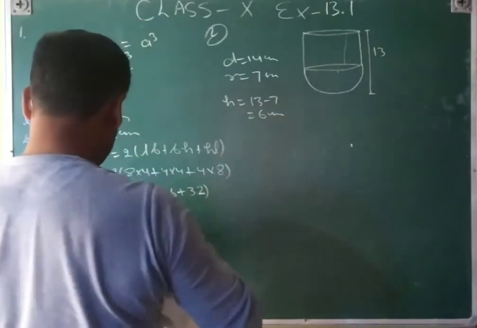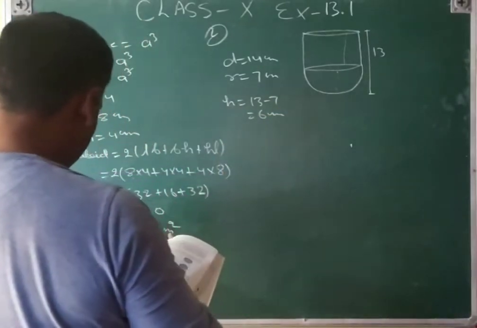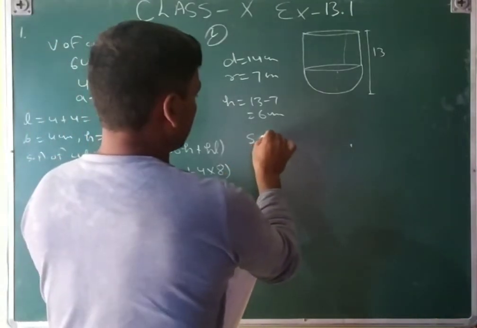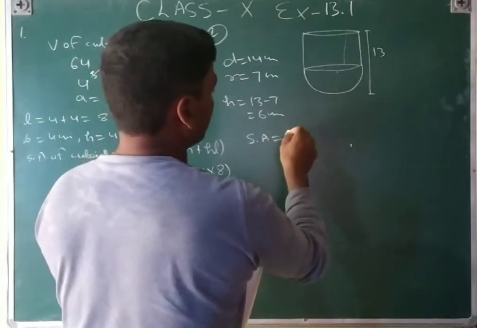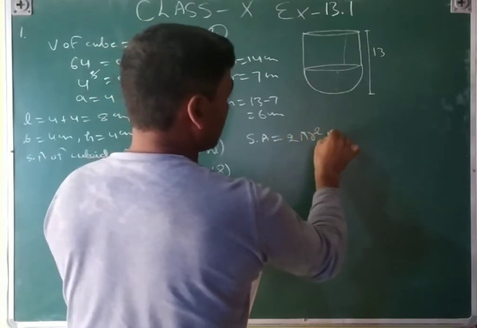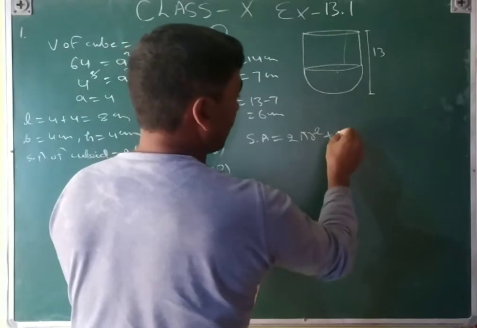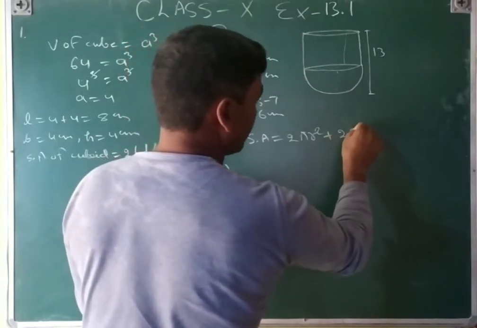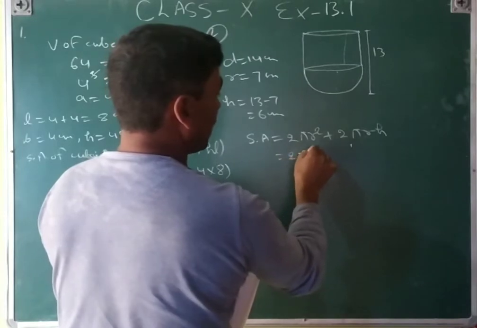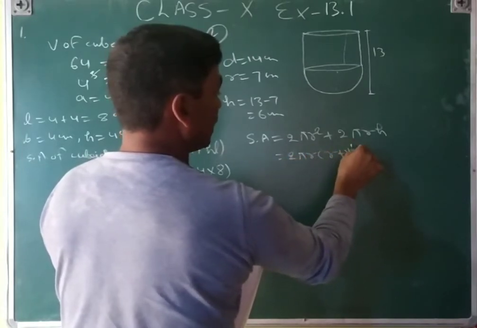Now we have to find the inner surface area. So surface area is equal to CSA of hemisphere 2 pi r square plus CSA of cylinder. So 2 pi r is common, so r plus h is left here.